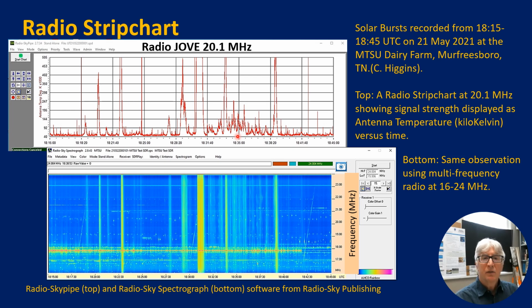These graphs show 30 minutes of data from a Radio Jove RJ 1.1 receiver at 20.1 megahertz. The bottom graph shows an SDRplay radio over 16 to 24 megahertz over the same time period. The graphs are aligned in time to give an example of how solar radio bursts appear in different graphical formats.